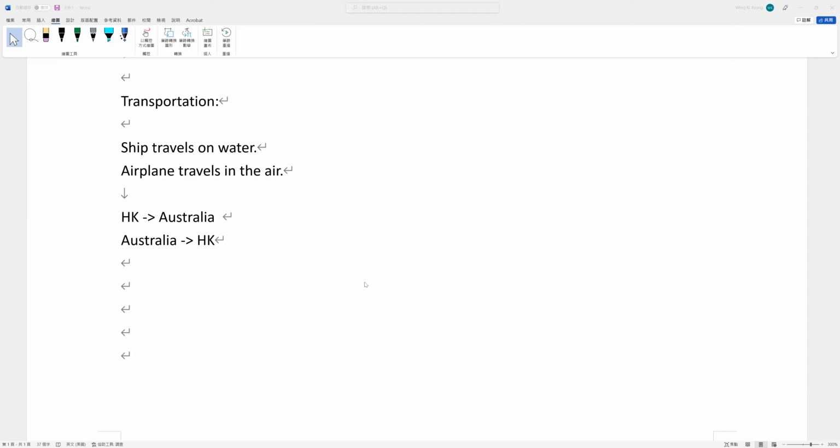So Hong Kong to Australia takes around 9 hours and 5 minutes. Around 9 hours. So if you are talking about Australia to Hong Kong, it takes 9 hours and 24 minutes.